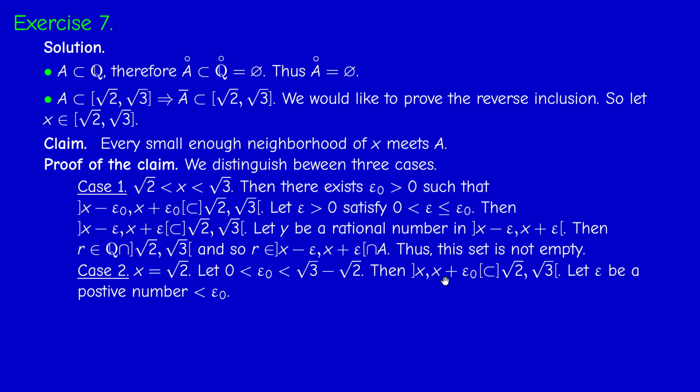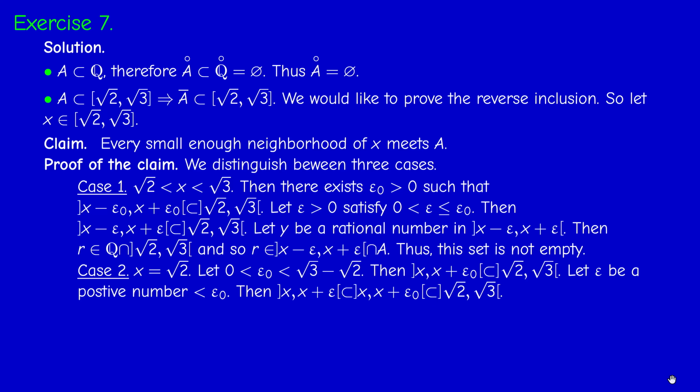So by construction, you can draw a picture here. This interval (x, x + ε0) is contained in the open interval (√2, √3), and therefore, if we take ε to be a positive number less than ε0, this still smaller interval (x, x + ε) is contained in (x, x + ε0), and so it's contained in (√2, √3).